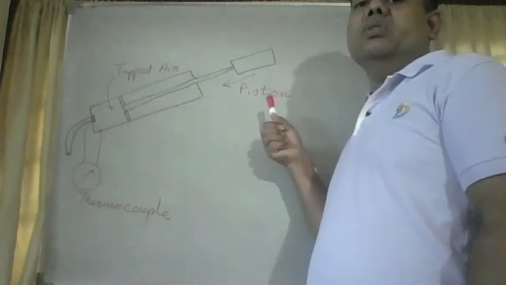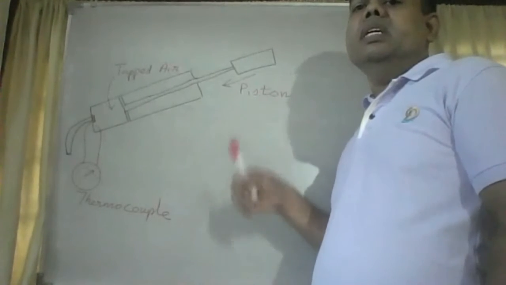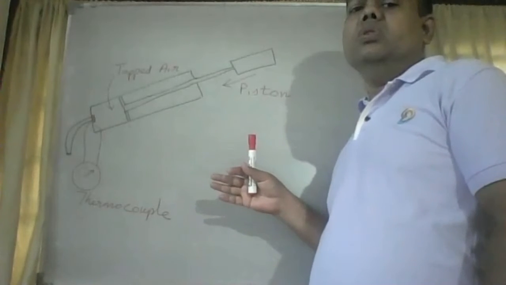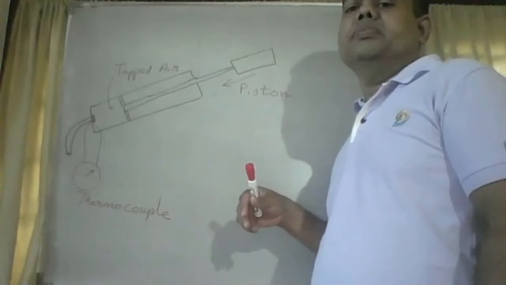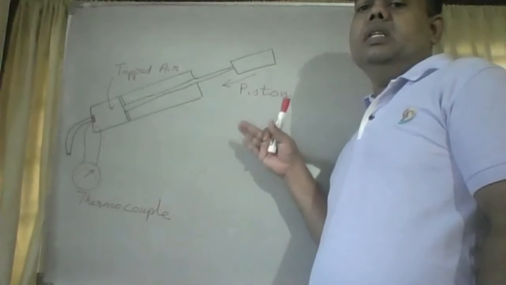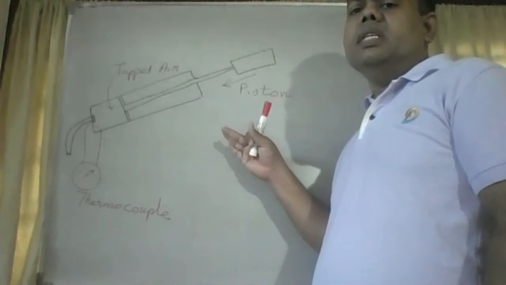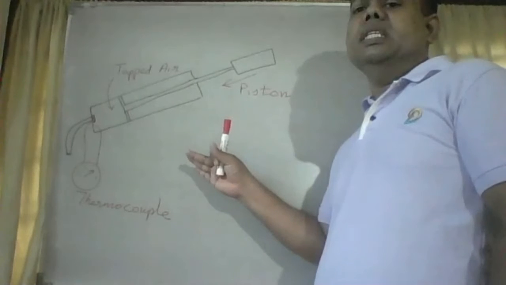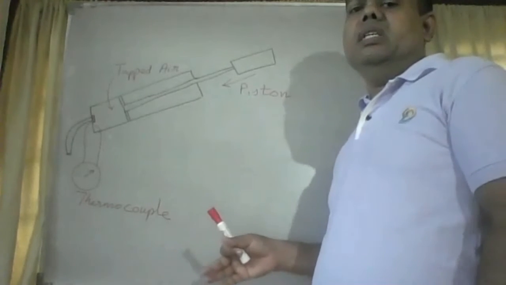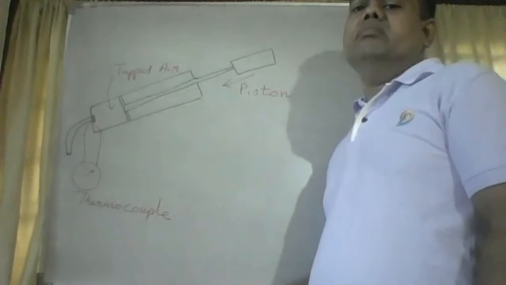Return the piston to its initial position and allow the temperature to return to its initial value as well. Then push the piston in very gradually. No temperature rise occurs this time.